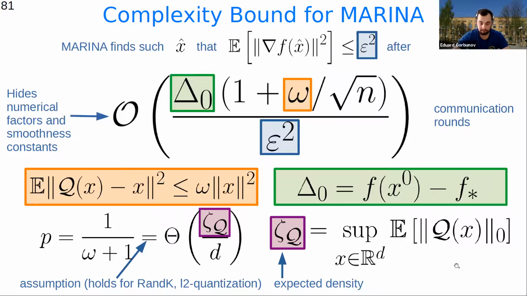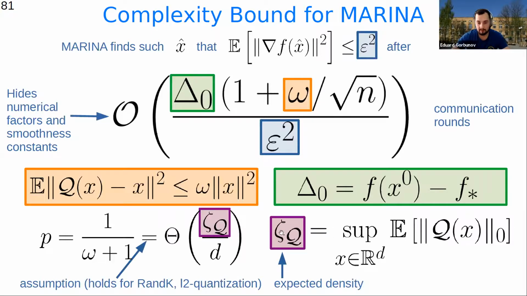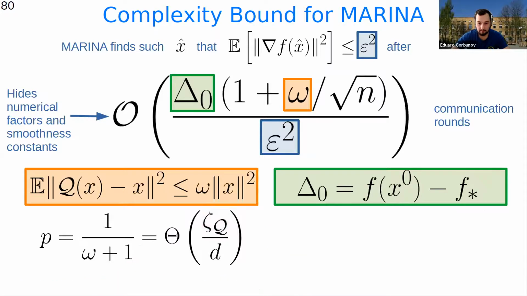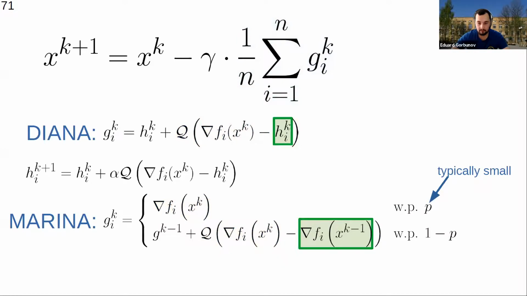Okay. So yeah, thank you for the question. We choose this P because, let me recall, zeta is expected density. It's how many components the quantization of x has on average. Let me go back to the update rule of Marina. With probability 1 minus p, we need to send zeta components, and with probability p, we need to send d components.